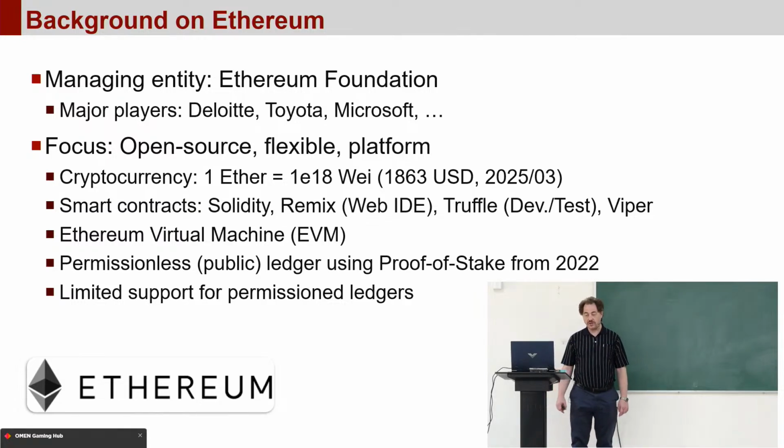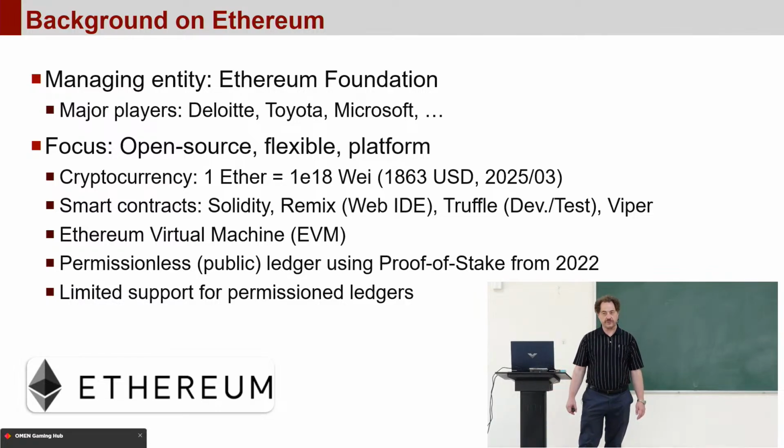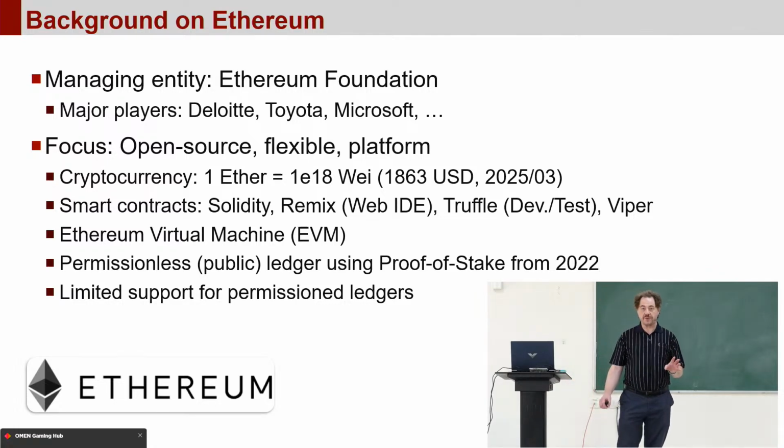Recently, in 2022, so it was deployed in 2013, and after 9 years of proof of work, in 2022 they switched to proof of stake. In addition, Ethereum has limited support for permissioned ledgers. So, in addition to the main public deployment of Ethereum, there are many proprietary deployments.